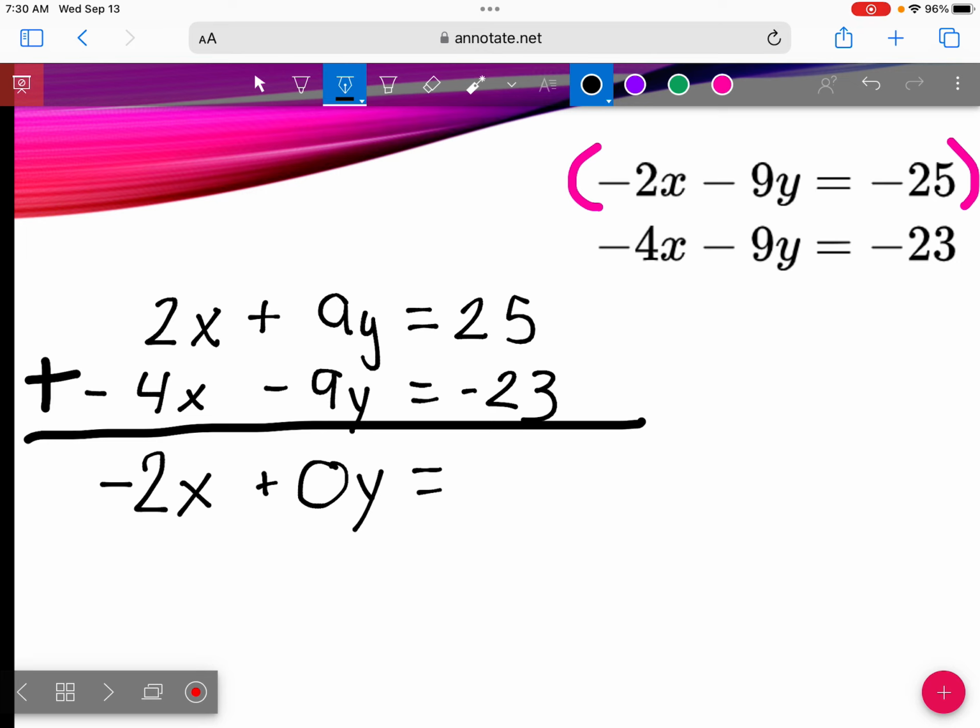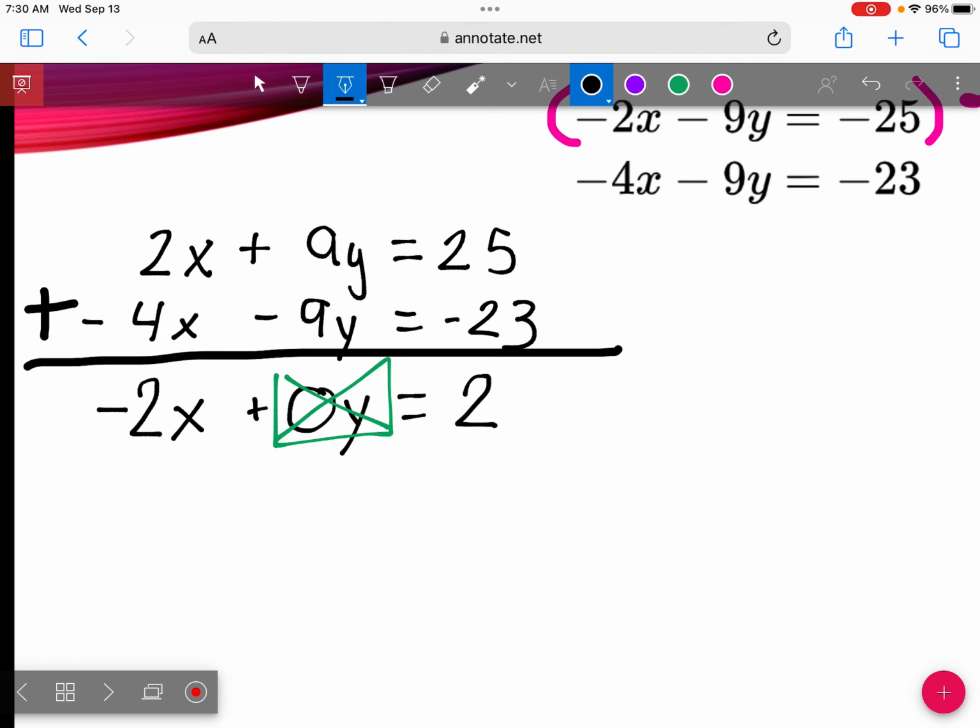And 25 plus negative 23 gives us 2. The whole point is so that this piece cancels out. One of my letters should cancel out. If it doesn't cancel out, stop and go back. Can you get a sense of where people mess up?